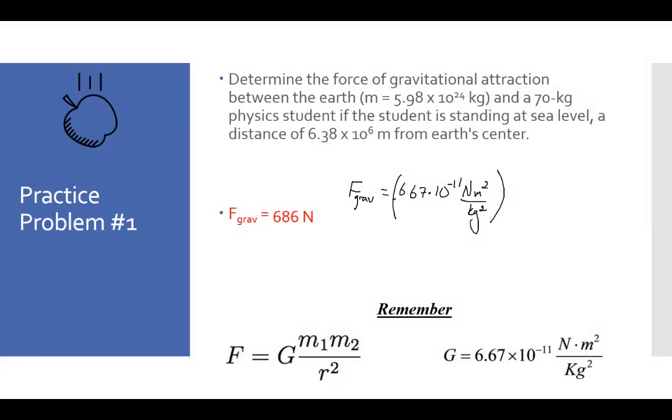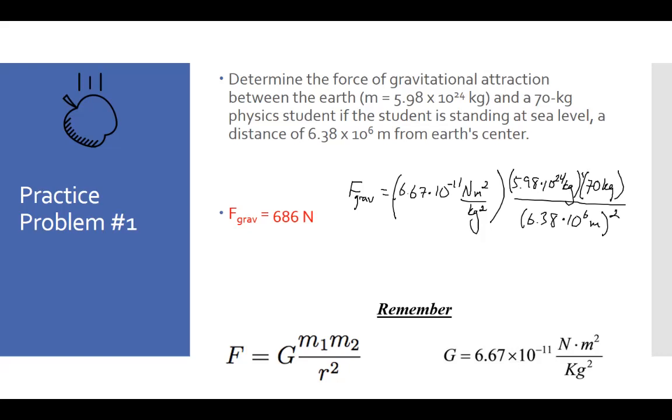We times that by M1, which is 5.98 times 10 to the 24th kilograms, and 70 kilograms. And then the distance between them, 6.38 times 10 to the 6th meters, all squared. Now, this is one place where you're going to have to really know your particular calculator.